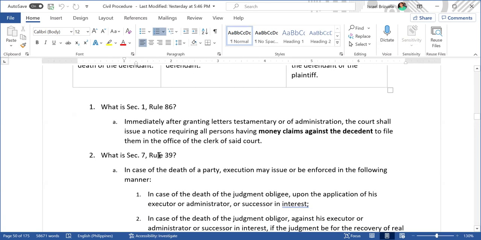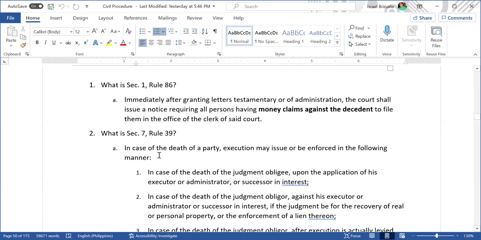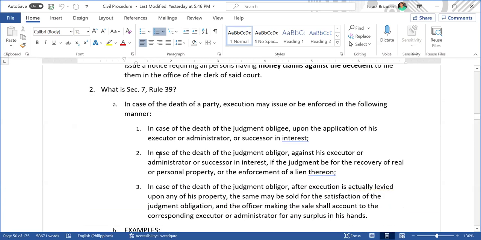So, what is Section 7, Rule 39? In case of death of a party, execution may issue or be enforced in the following manner. In case of death of the judgment obligee, upon the application of his executor or administrator or successor in interest. In case of death of the judgment obligor, against the executor or administrator or successor in interest.